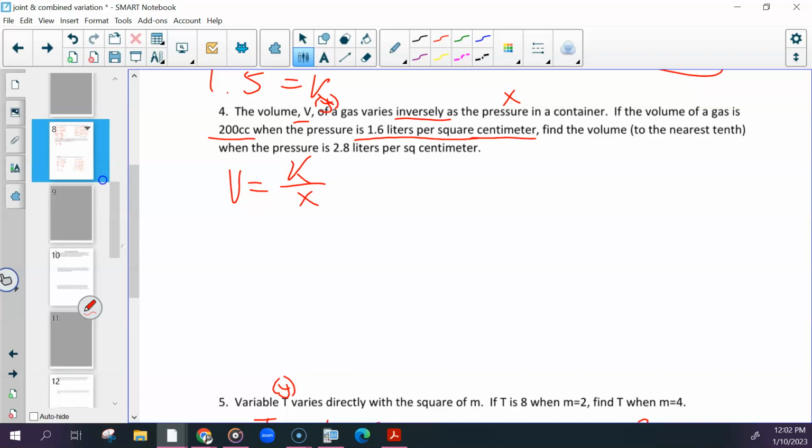Then because it's inversely, how do we find k? So 200 times 1.6. What would our k value be?